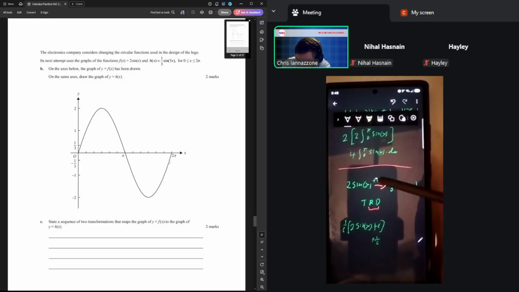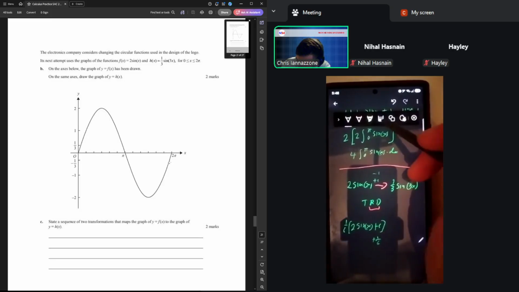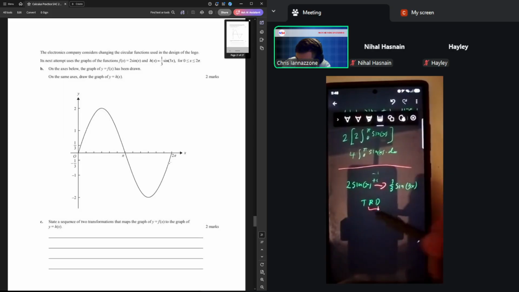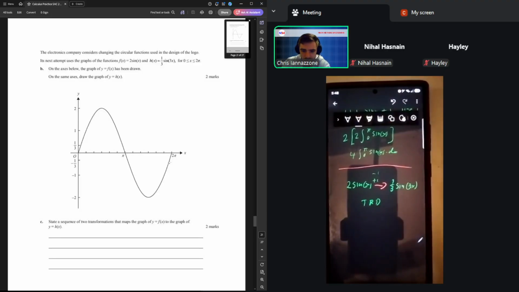Whereas what we could do with our translates is start with a -1. Putting a -1 would immediately cancel that out. Then when I go ahead and do my multiplication of 1 over 6, I'm just multiplying 0, so nothing ends up happening. So that's a bit of the rationale as to why you would do it in the TRD method, because when you do your translates first, you have those fixed.